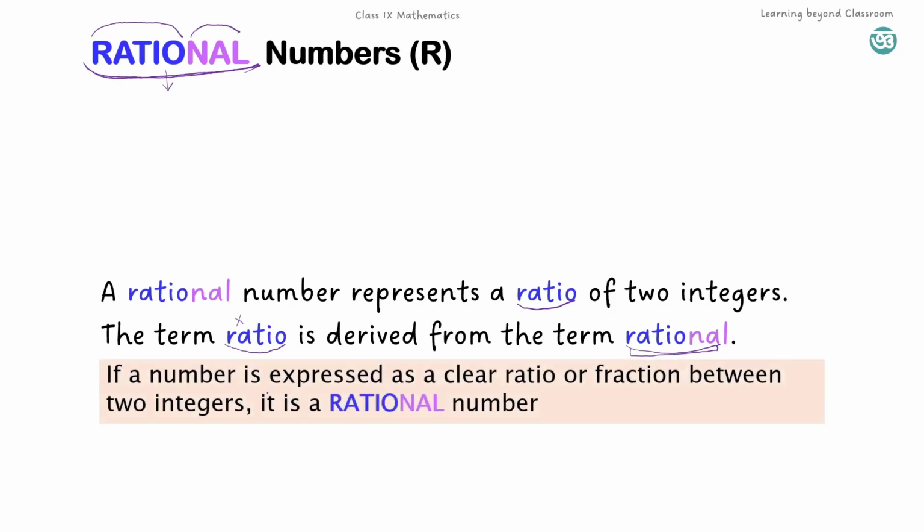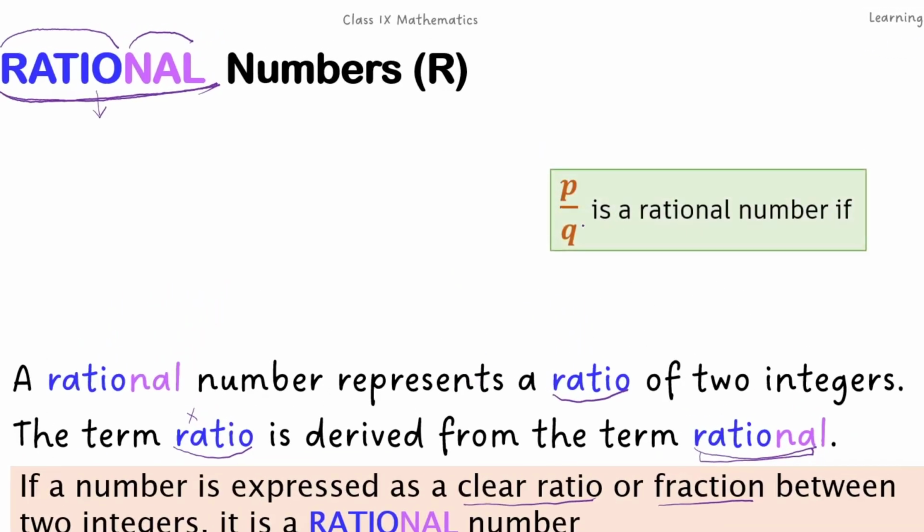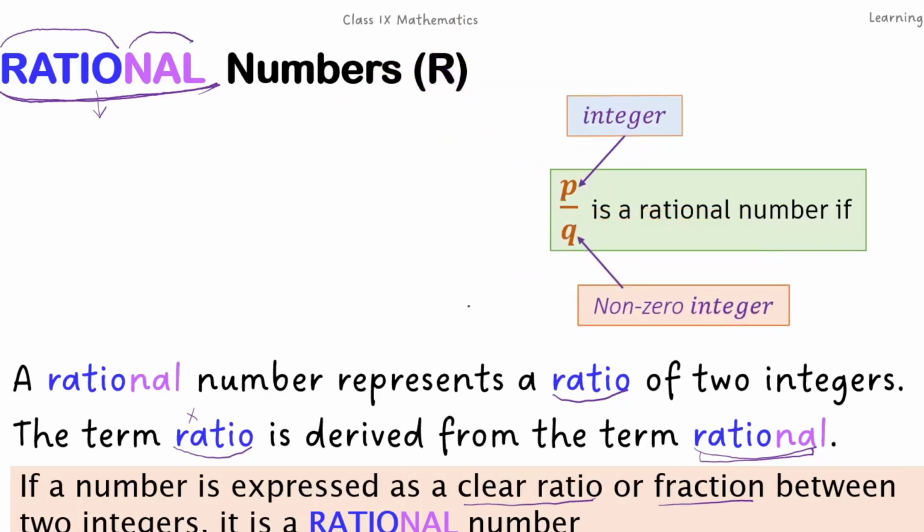Now let us define the rational numbers. If a number is expressed as a clear ratio or fraction between two integers, it is a rational number. We can define it in a very short form. P upon Q is a rational number if P is an integer and Q is also an integer, but Q must be a non-zero integer.